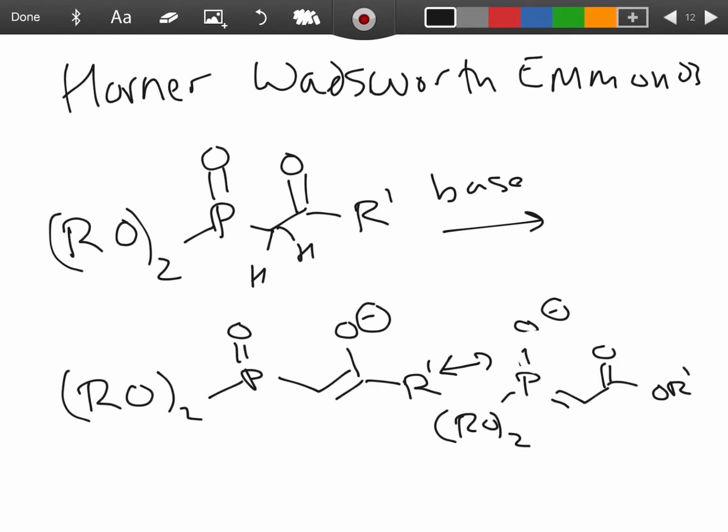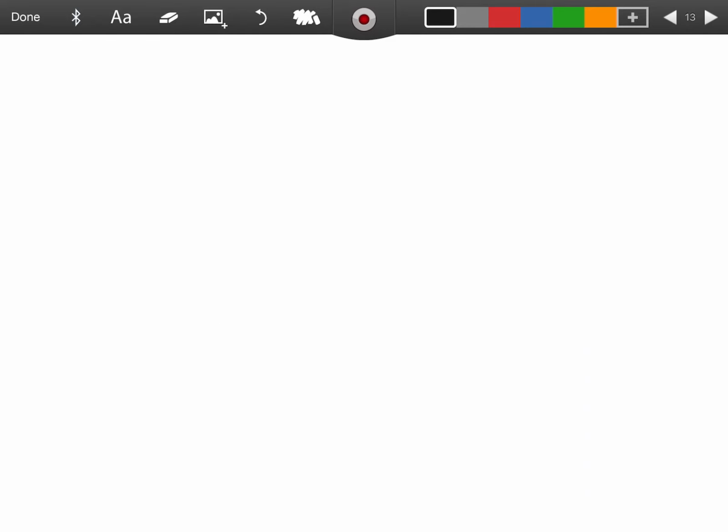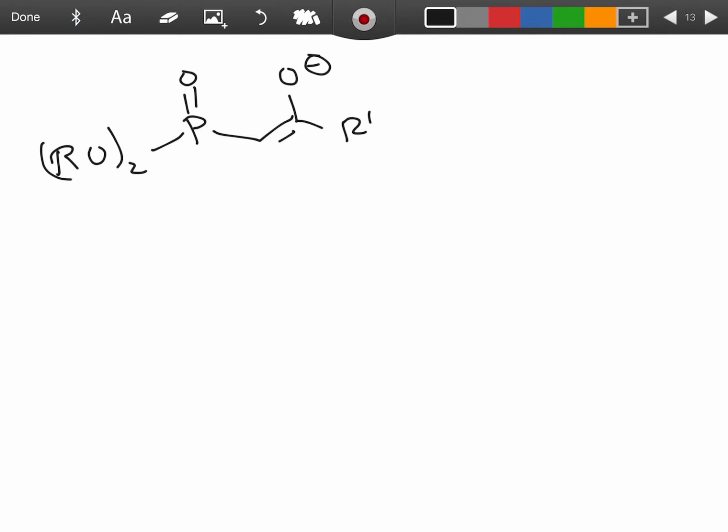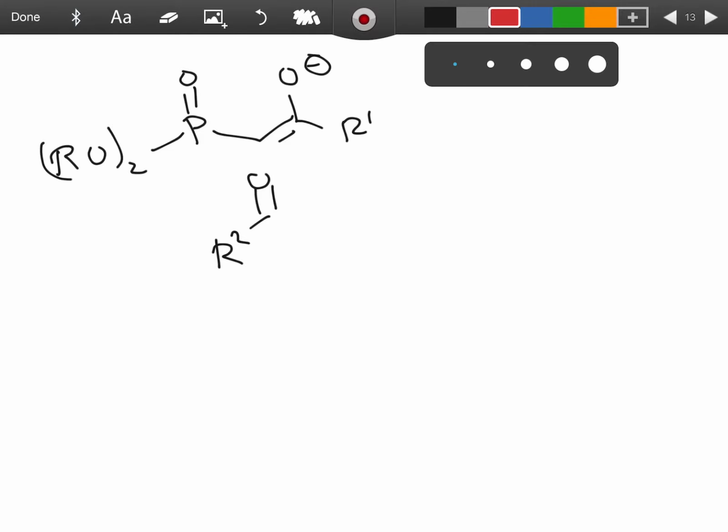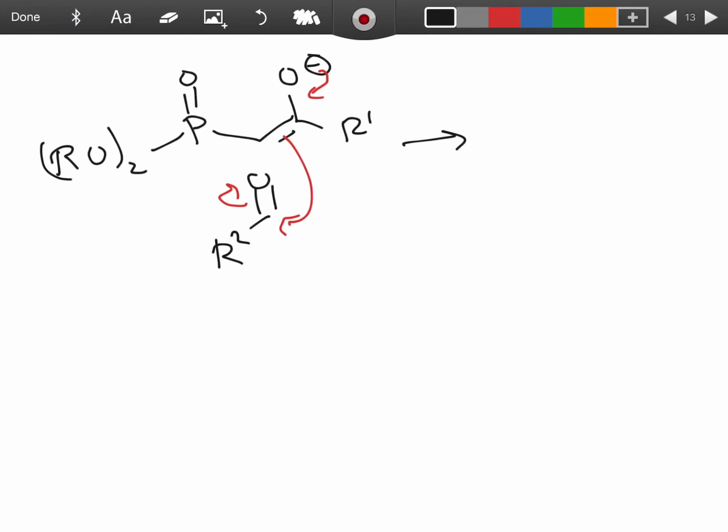So what happens is you take your Horner-Wadsworth-Emmons reagent, you make that enolate, and then it does effectively what amounts to an aldol reaction. And then I have some aldehyde. We come down, add to the aldehyde, kick electrons up.